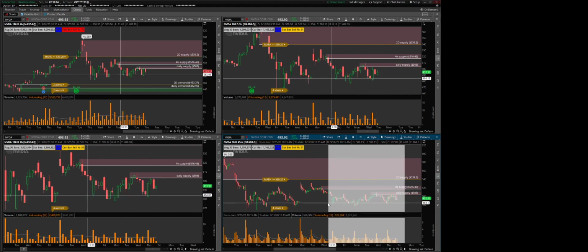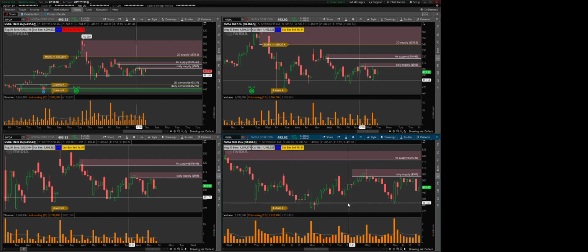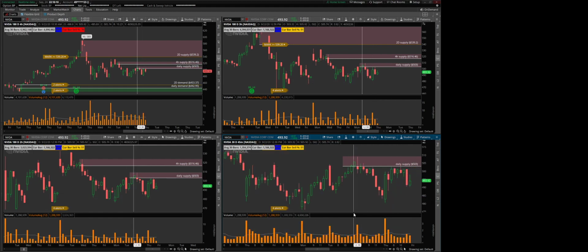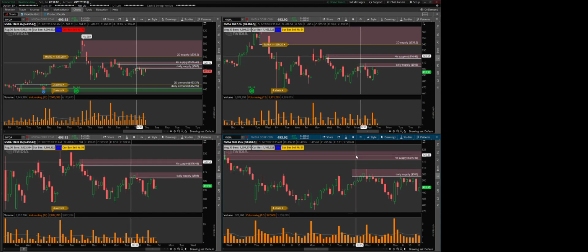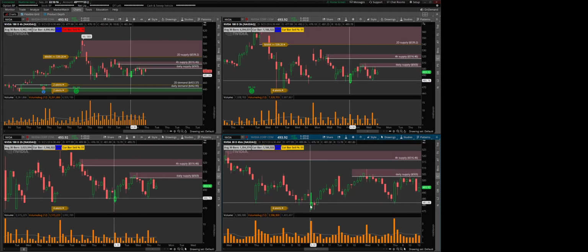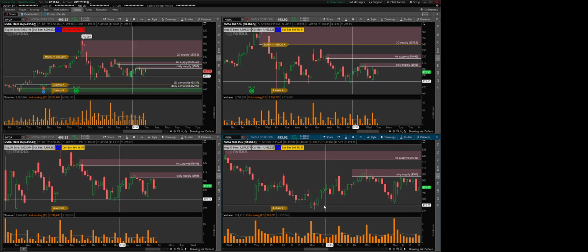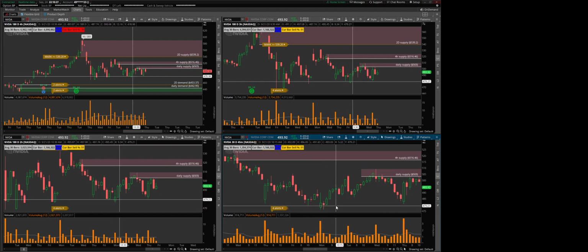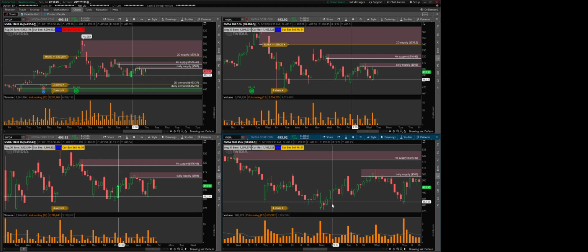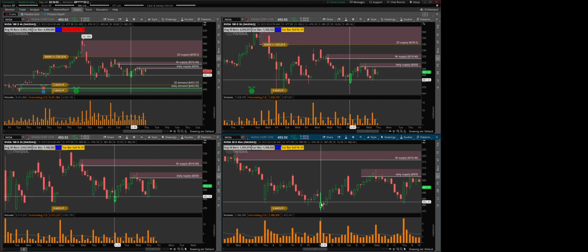Did price jump off that? I think it did. Yeah, we did. So we got a clean drop base rally. Oh no, basically this would be considered a rally base rally. I know it's not the cleanest, but what really matters is that price went up here, buyers stepped in.